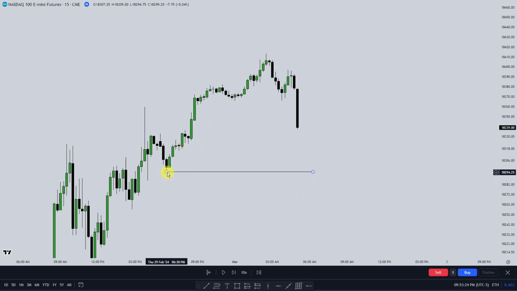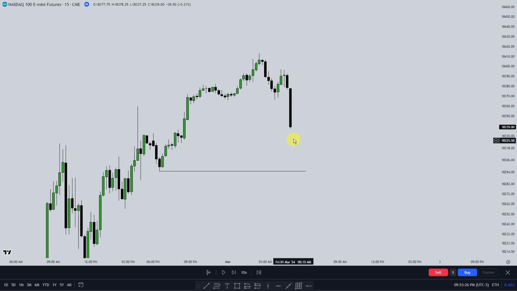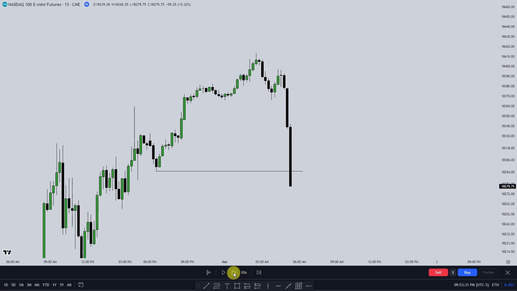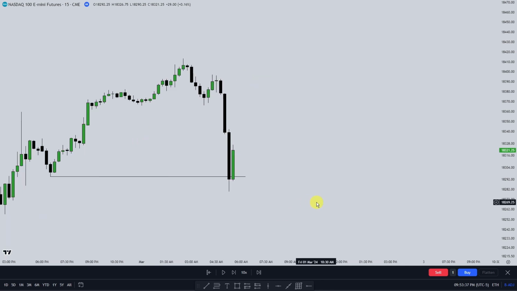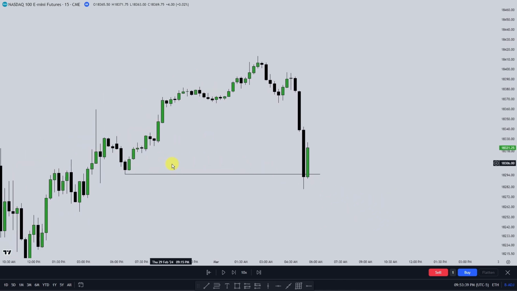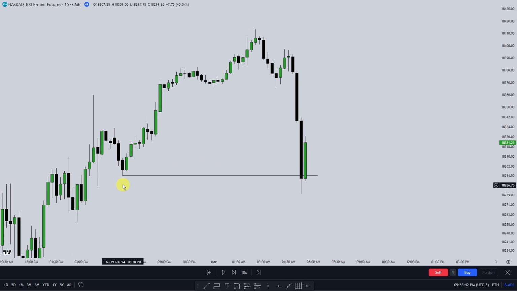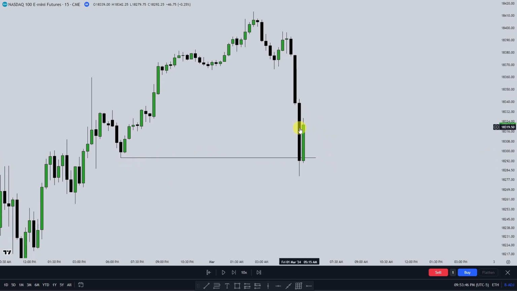I'm going to mark out this low right here, and we're going to see price come down. And as you can see, as a matter of fact, it did close below it, but it did not displace through it.